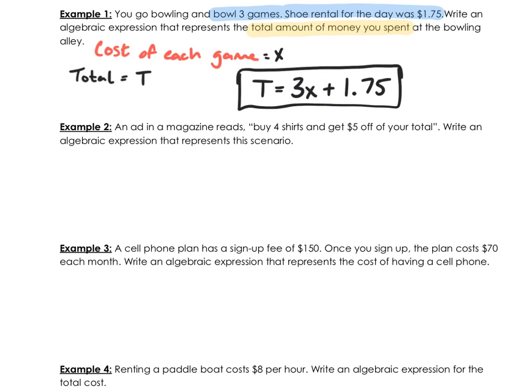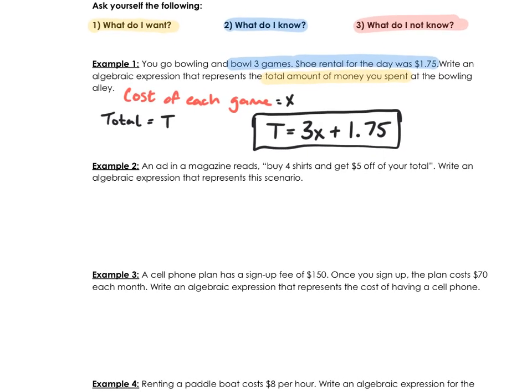It says an ad in a magazine reads, buy 4 shirts and get $5 off your total. Write an algebraic expression that represents this scenario. Okay, so the first thing is, what are we wanting? Okay, what do I want? Well, we want an algebraic expression that represents this scenario, which is essentially $5 off your total, right?